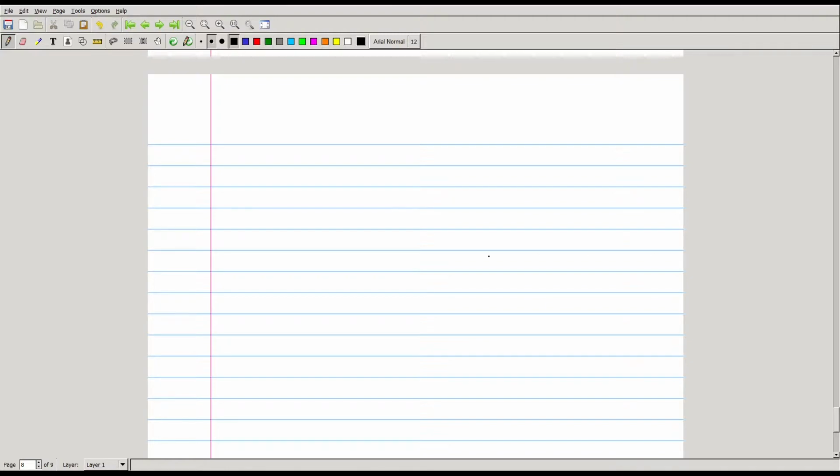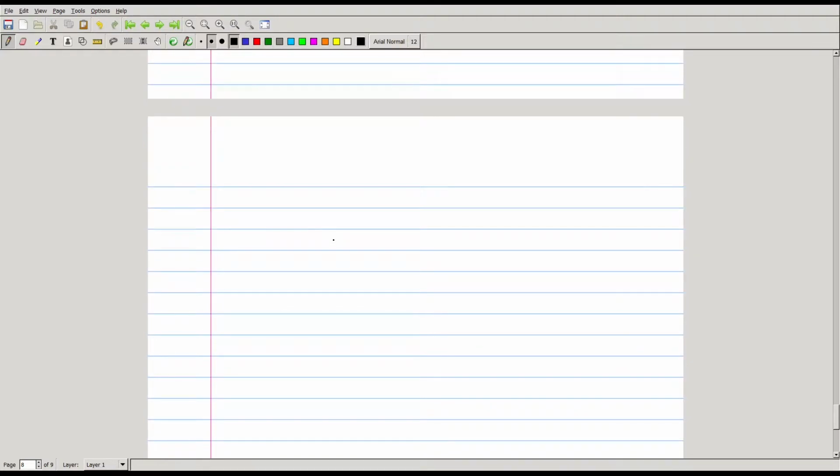So, on this topic, the next type of mathematical algebraic structure that we have to define is called a ring.